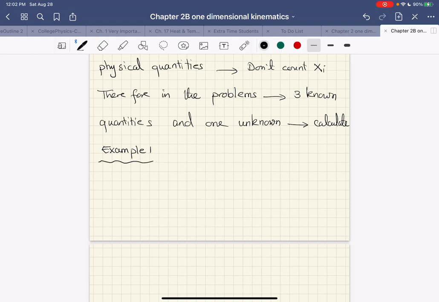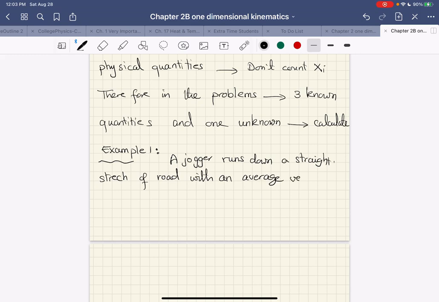A jogger, it's like sometimes it's going to change into an eraser, runs down a straight stretch of road with an average velocity of 4 meters per second for 2 minutes.